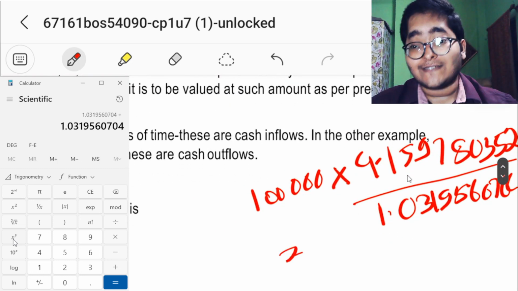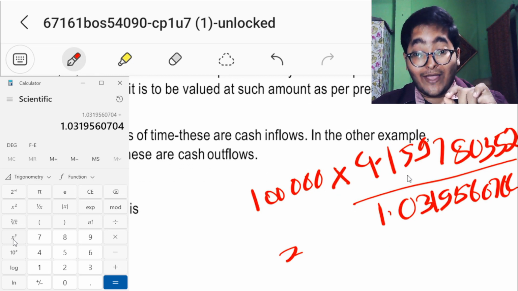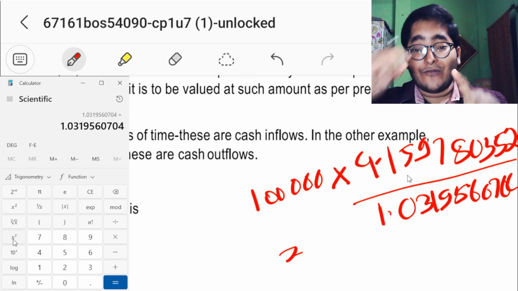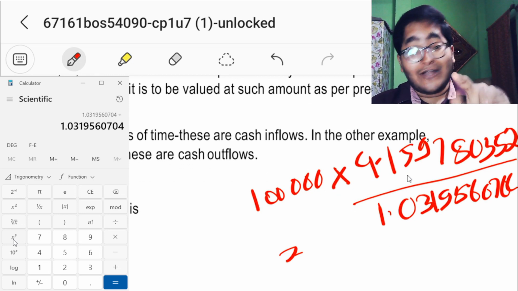So now let us calculate. This is for 9 years. Why? Because 1 lakh rupees value today itself is valued at rupees 1 lakh.